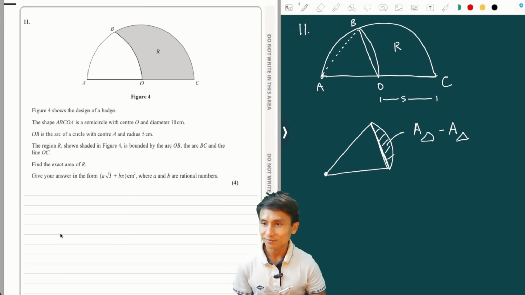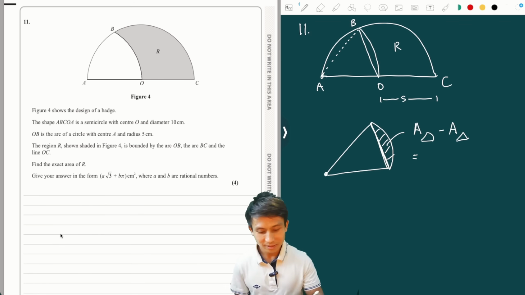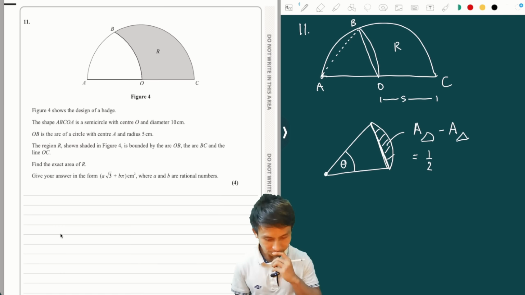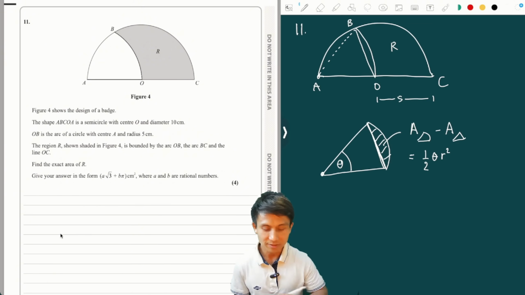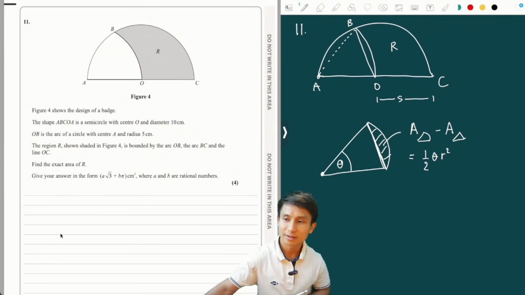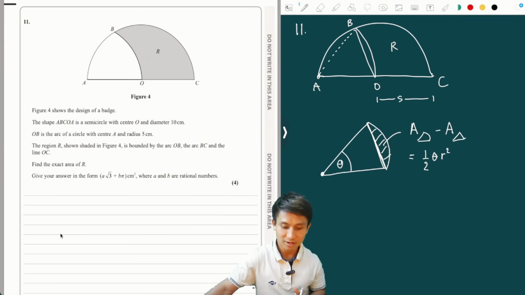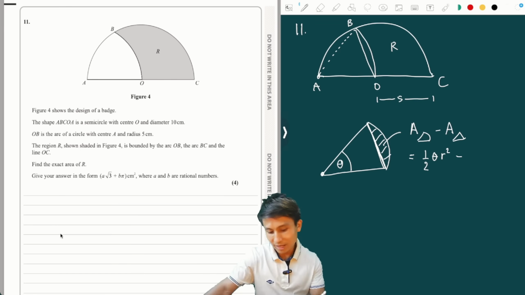Make sense? If we know this angle to be theta, the area of the sector is 1/2 theta r squared. That is the formula there, and theta is in radians. Minus the area of the triangle, which is 1/2 ab sine theta, using the formula where you know a and b and theta.